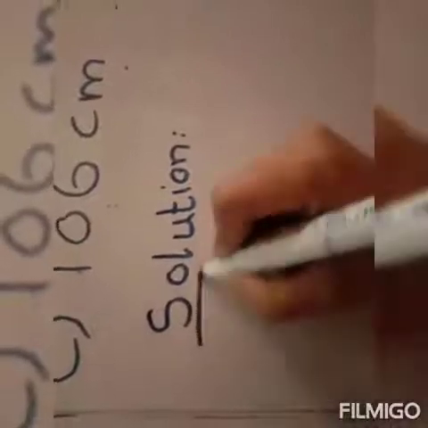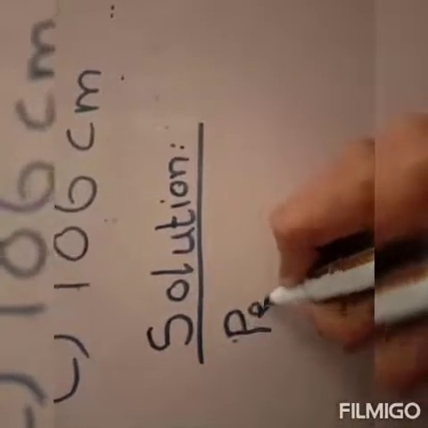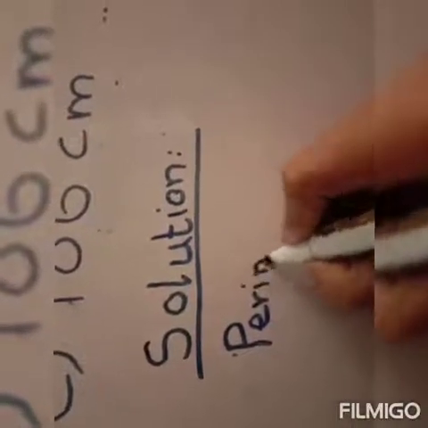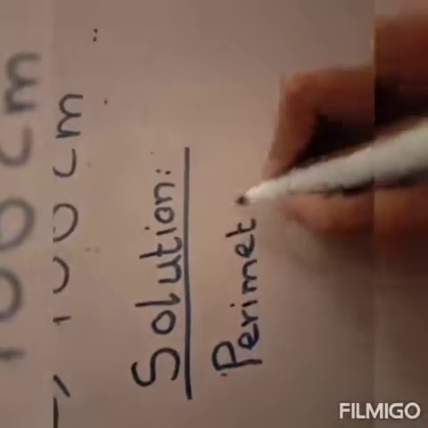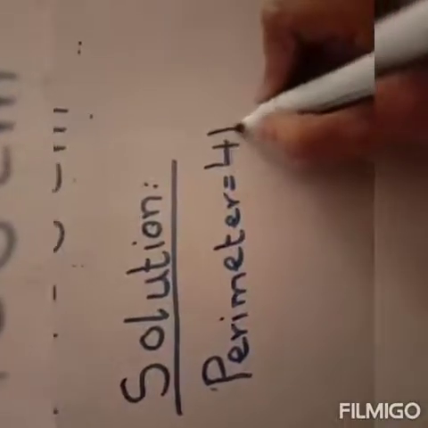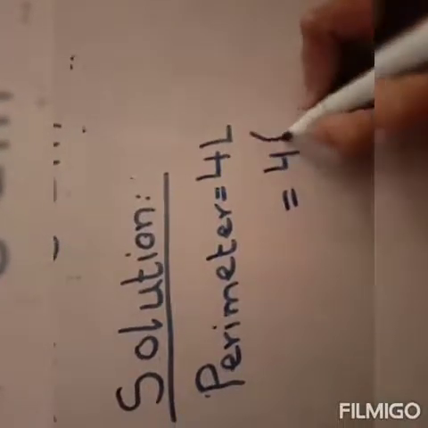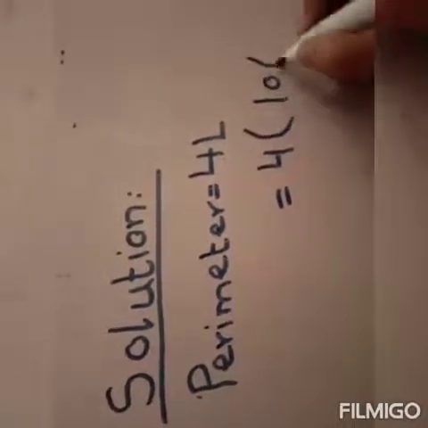Underline it. After that we know that perimeter is equals to 4 into L. Now 4L is equals to 4 into 106.